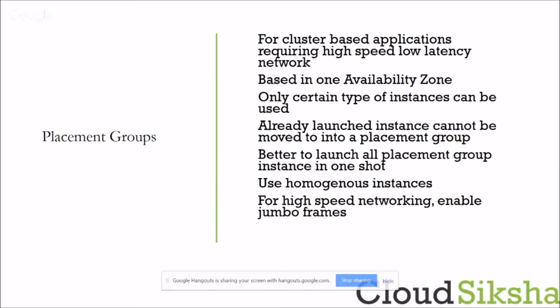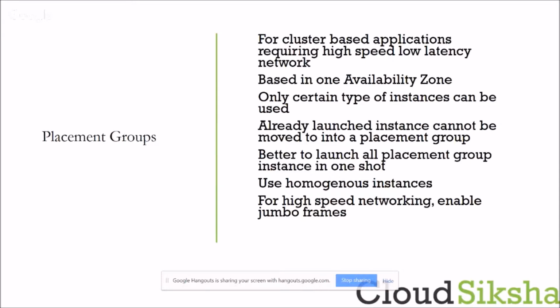So a placement group is in one availability zone. Of course, it cannot stretch into different availability zones, for obvious reasons, because we are talking about a high-speed, low latency network within all these systems. Once you define a placement group and launch instances, all these instances will be put close to each other. At least that's what Amazon would try to do.